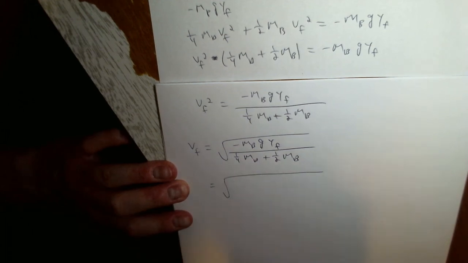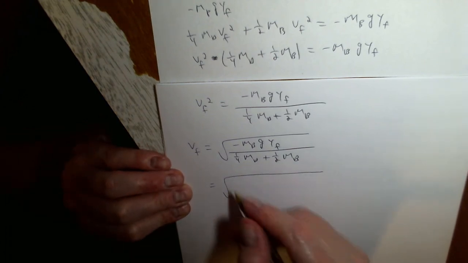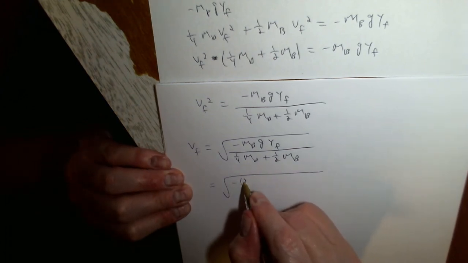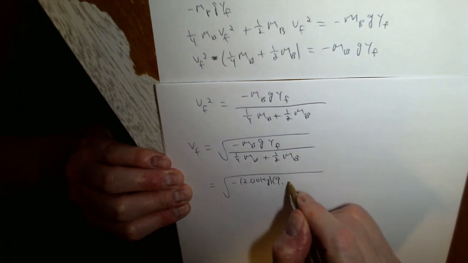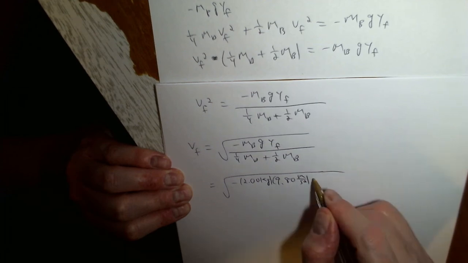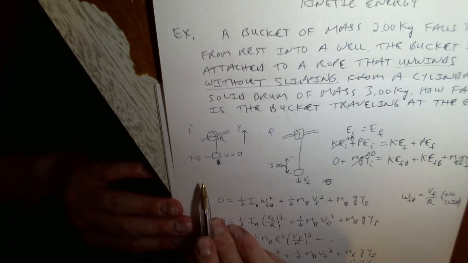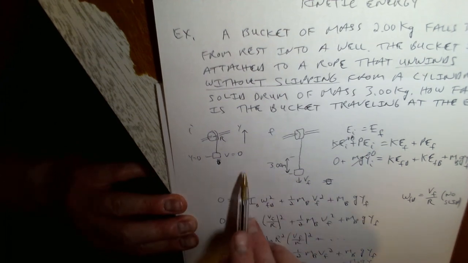So the bucket was the one with mass 2 kilograms, yes. So minus 2 kilograms times 9.8 meters per second squared times y final. Remember, I said y was 0 at the start, and y is positive going upwards.